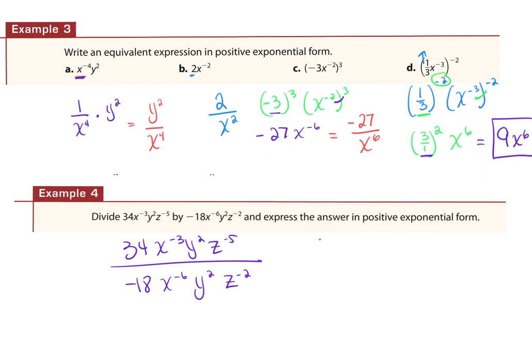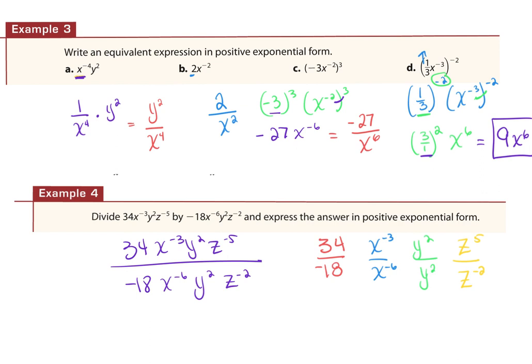Break it up. We have our numbers, 34 over negative 18, okay? Then we have x to the negative 3 over x to the negative 6, y squared over y squared, z to the negative 5th over z to the negative 2nd.